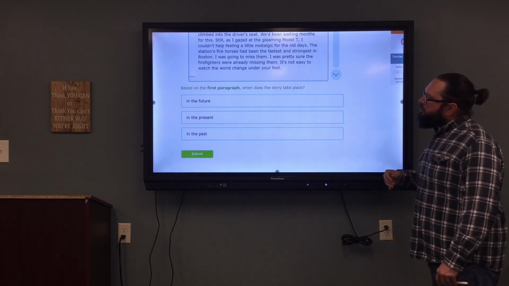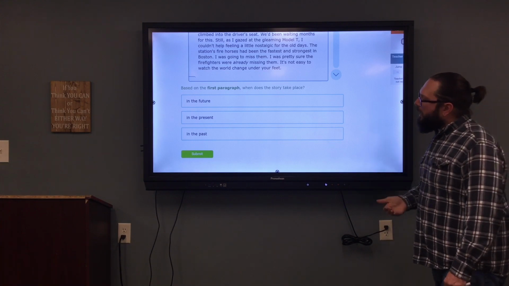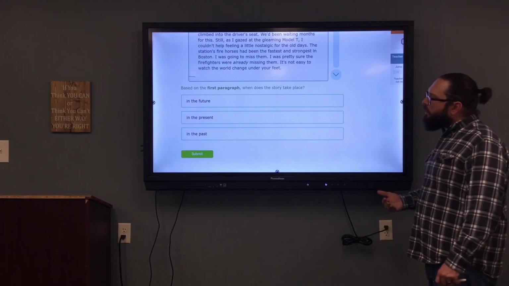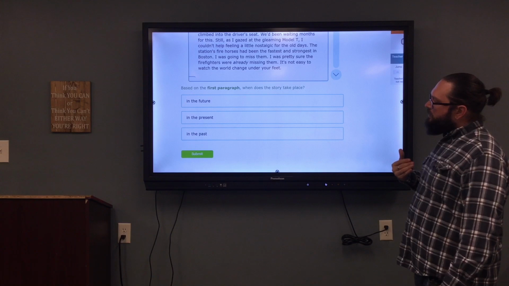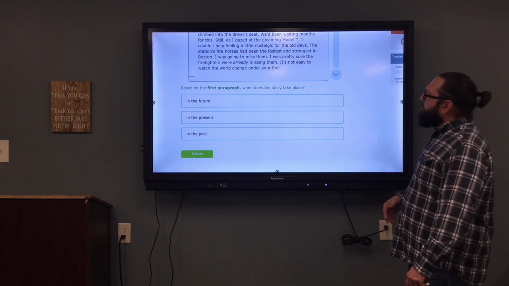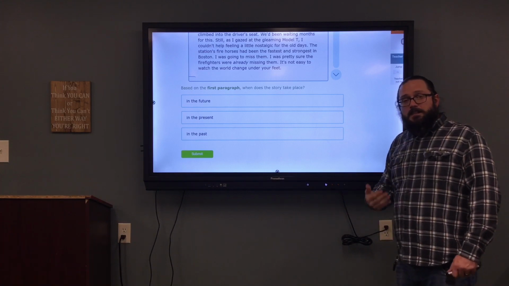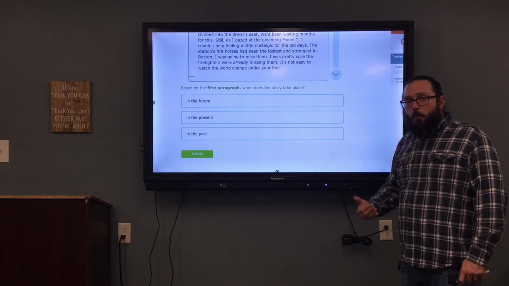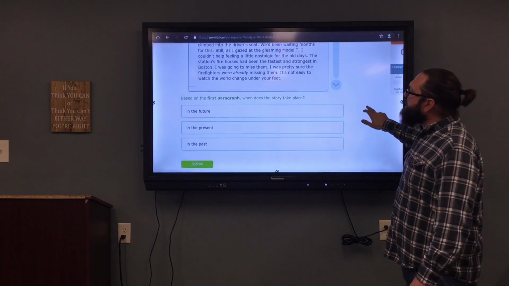So our first question is based on the first paragraph. When does the story take place? Does it take place in the future, in the present, or in the past? So let's take a look at the first paragraph and see if we can determine when the story is set.